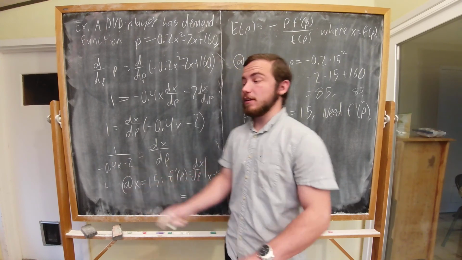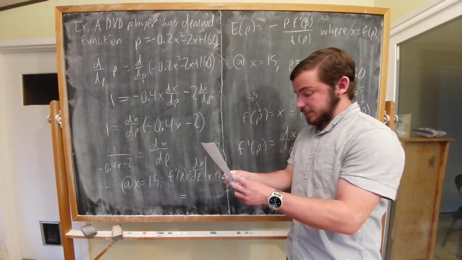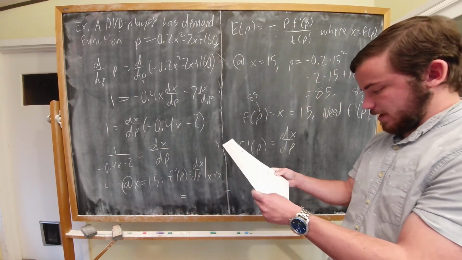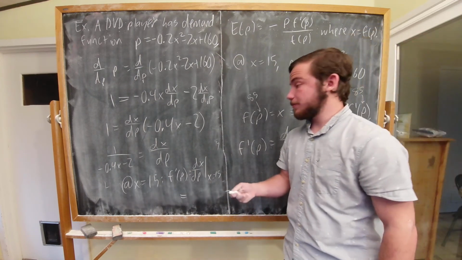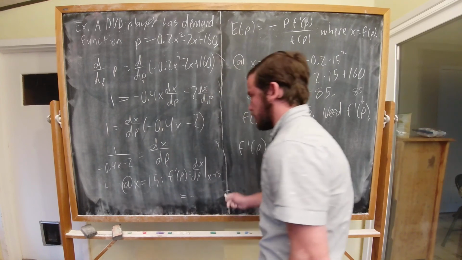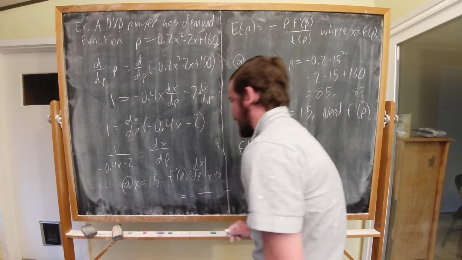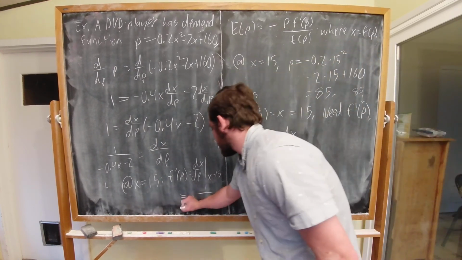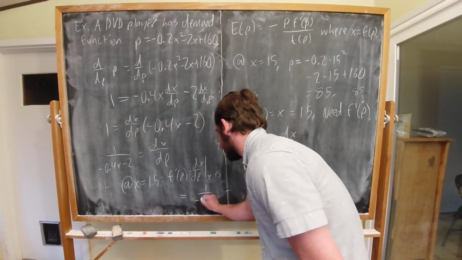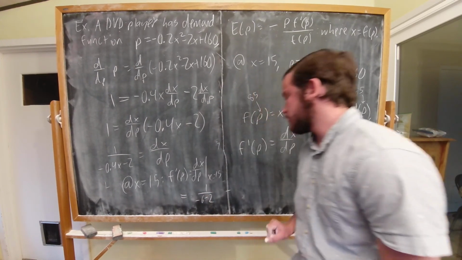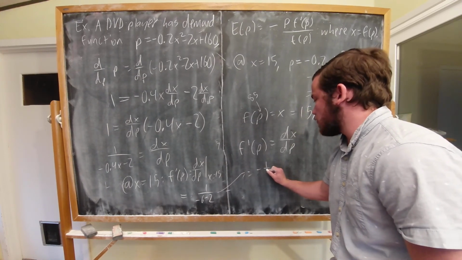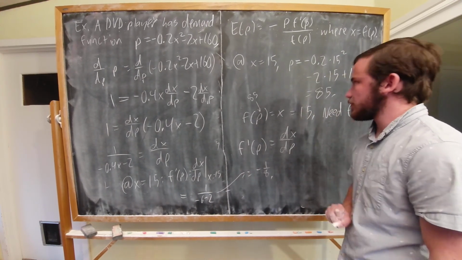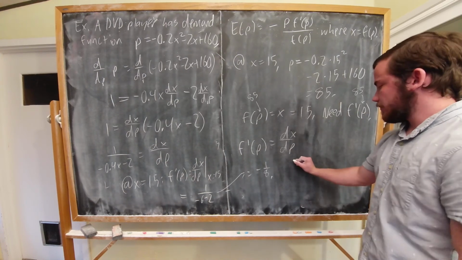Just plug in 15 into there, and you get, I didn't write it down, 1 divided by negative 6 minus 2, which is negative 1/8.